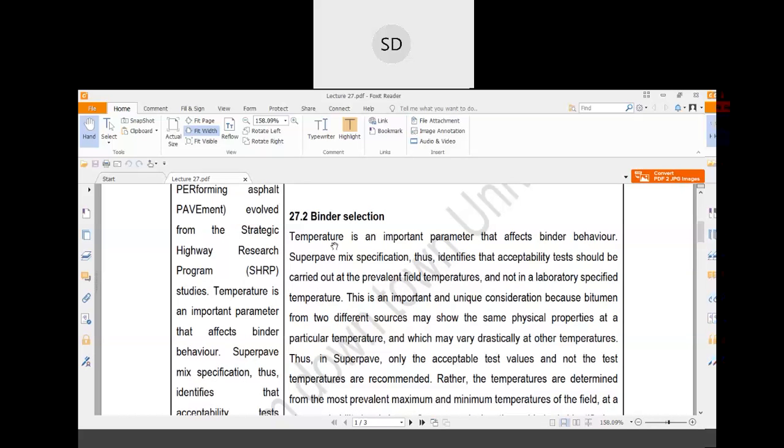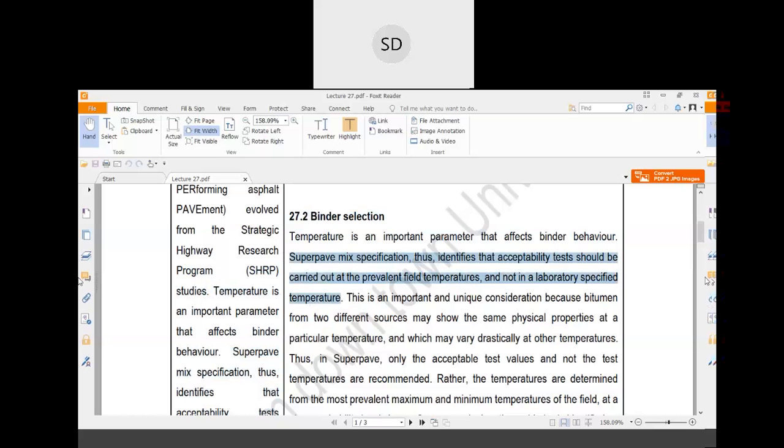Now, Superpave mix specification identifies that the acceptability test should be carried out at the prevalent field temperature and not at the laboratory specified temperature. This line is very important.